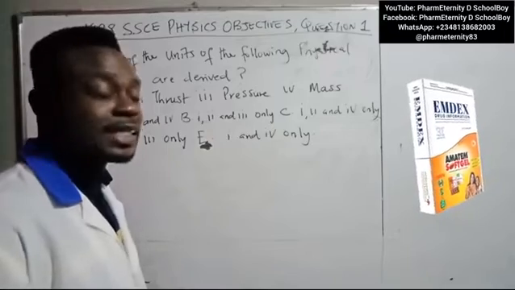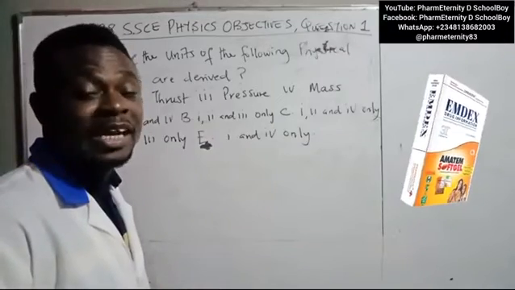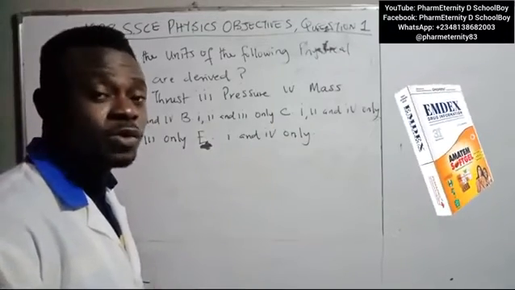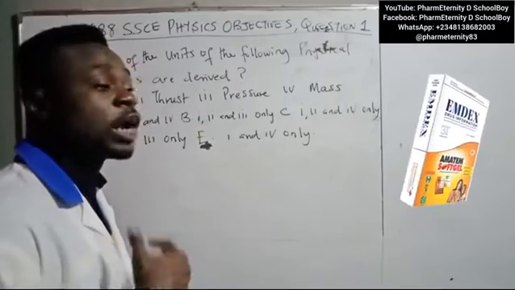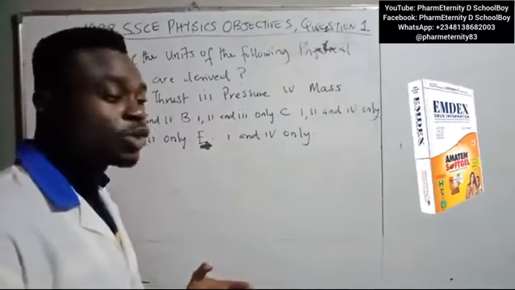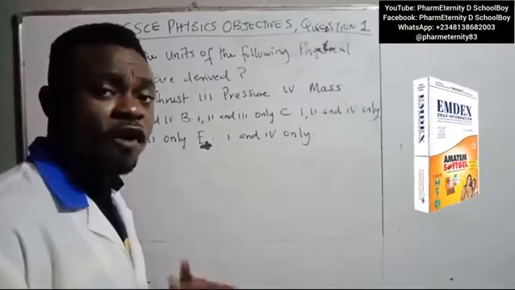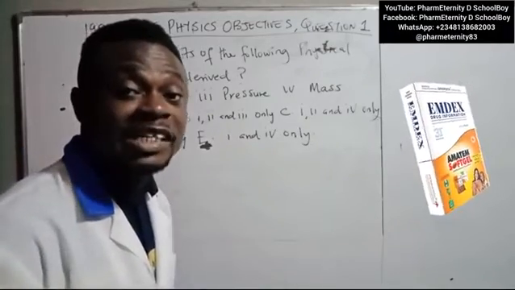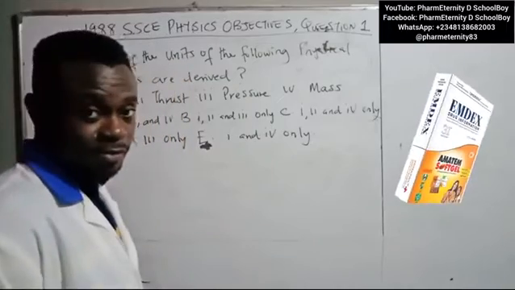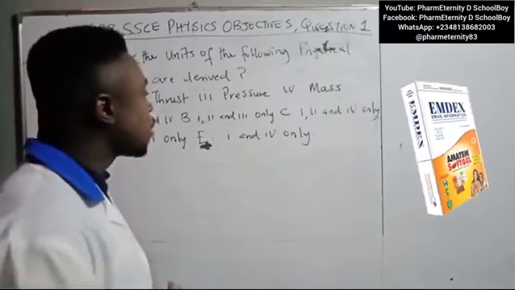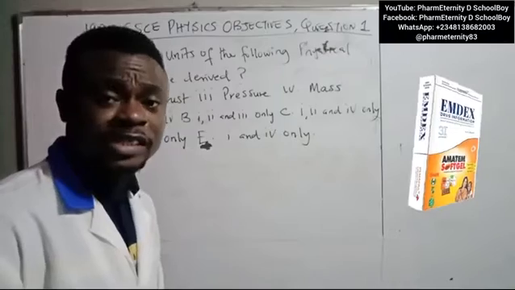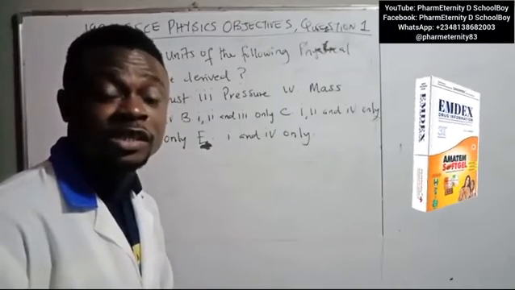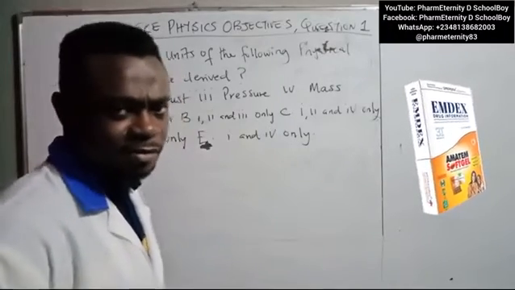Fundamental quantities don't depend on any other quantity. They are on their own. They are the basic quantities upon which other quantities are derived. So a combination of one or two fundamental quantities gives rise to a derived quantity. In the same way, a combination of one or two fundamental units gives rise to a derived unit.